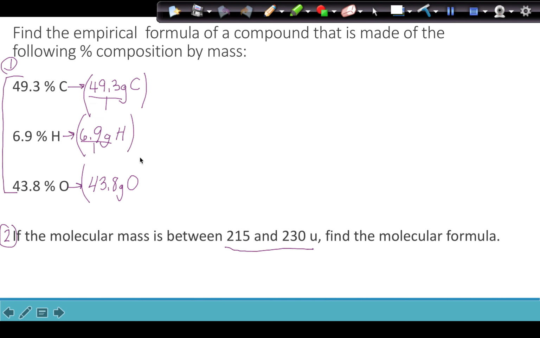So the first step is to convert each one to moles.